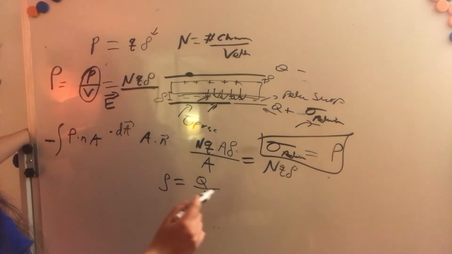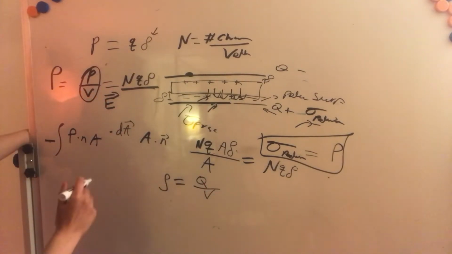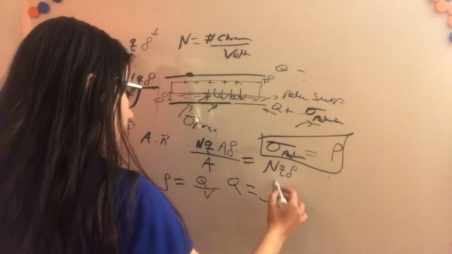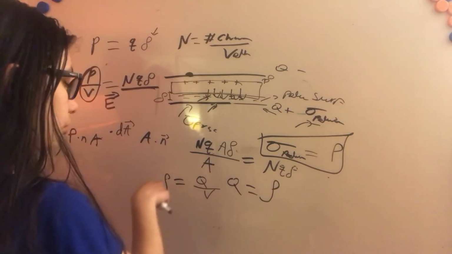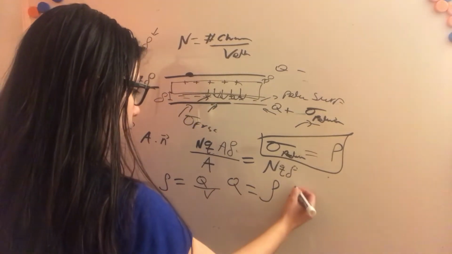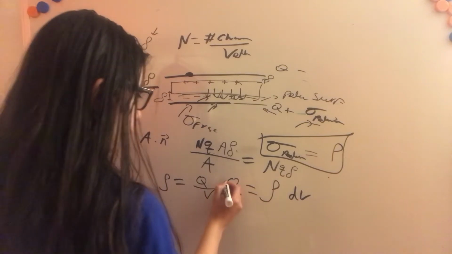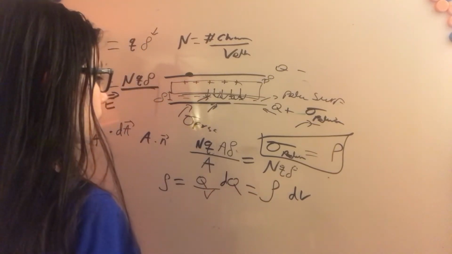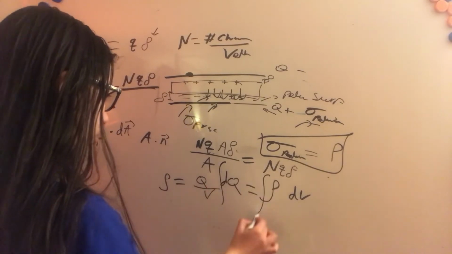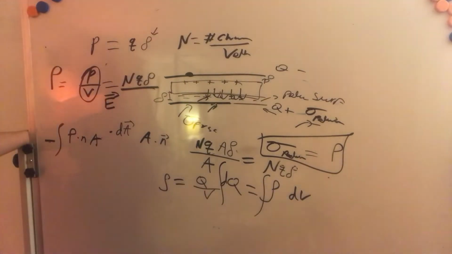So the charge would be the rho, the volume charge density, times the volume. It would be an infinitesimal charge. So we could take the integral of this and it will give us all the charges that would be moving.